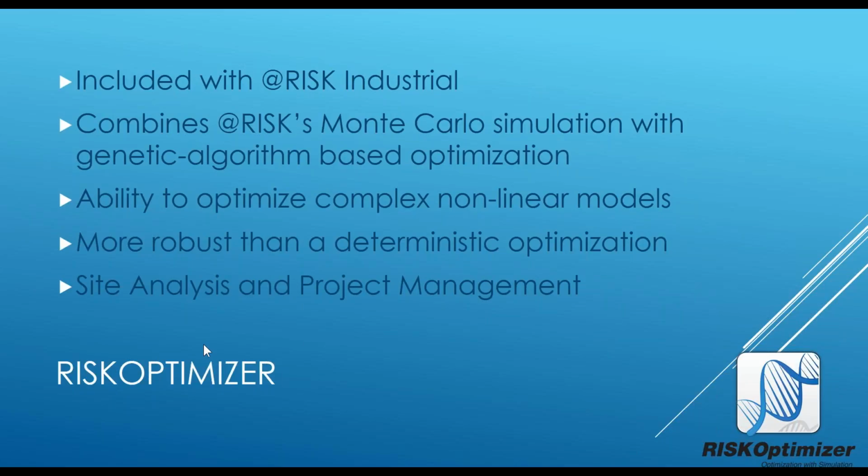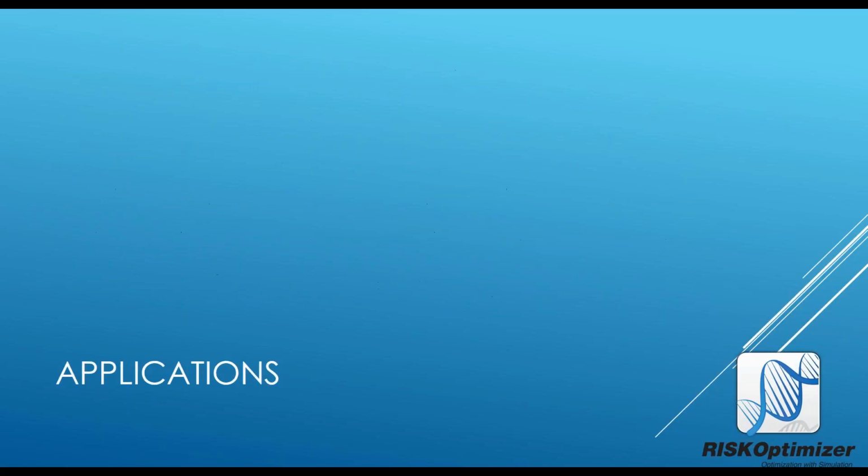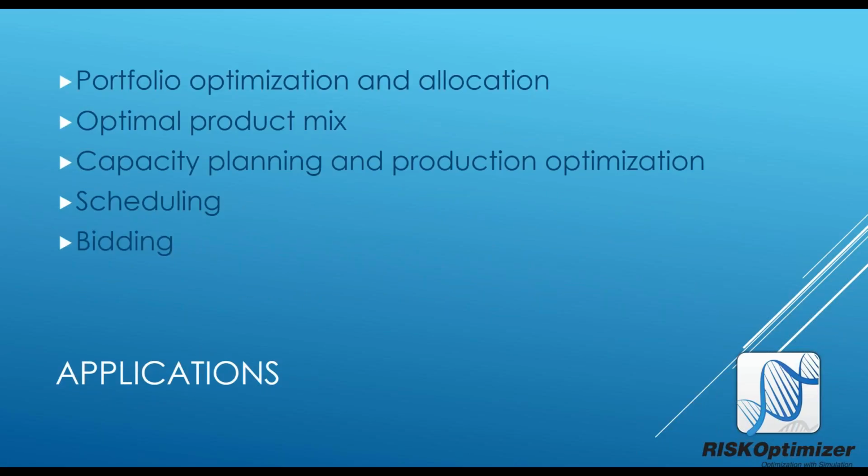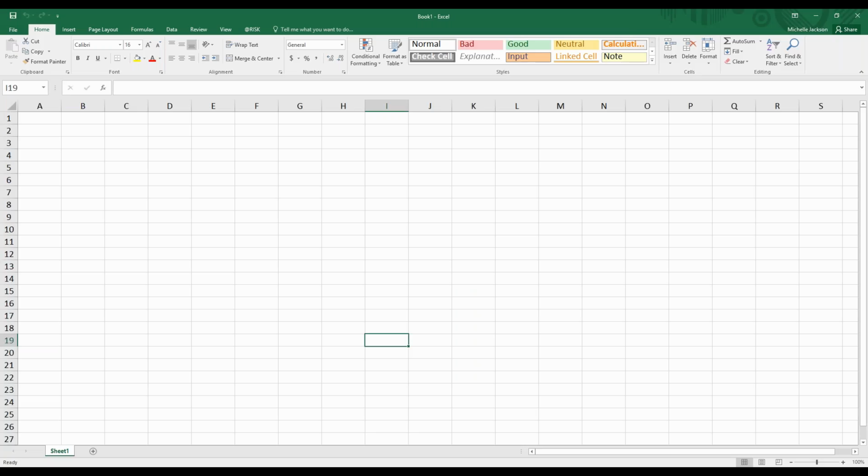Also, it allows you to do some site analysis and project management. So RISKOptimizer can be used for some of the following. I'm not going to read them all, but you can certainly take a gander at those. And let's go ahead and hop into RISKOptimizer.